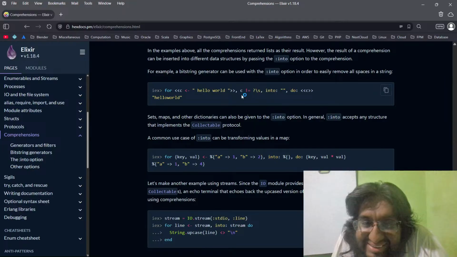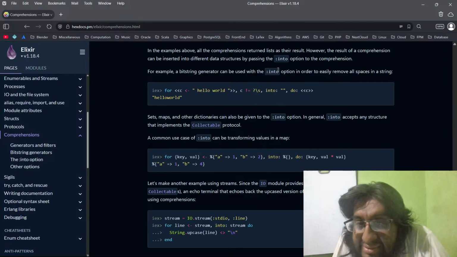Yeah, you're extracting the code point, and you're saying that it's different from this thing. Probably this is on space and into, and you are putting the result in here. Look at this.